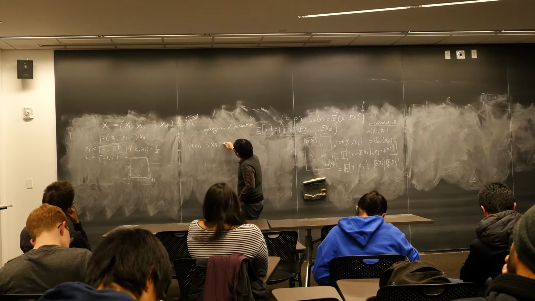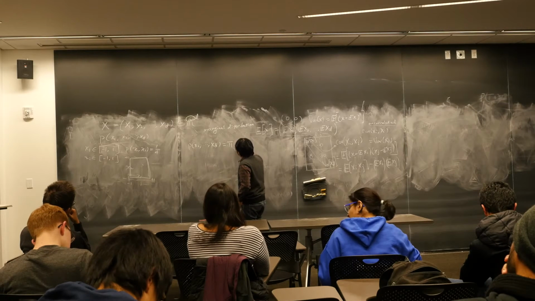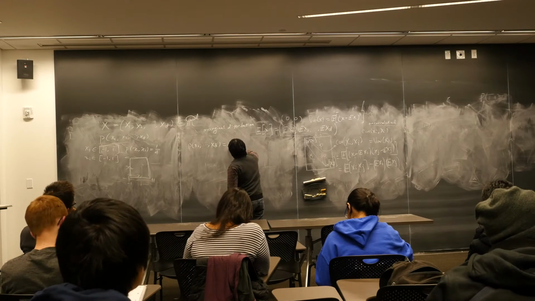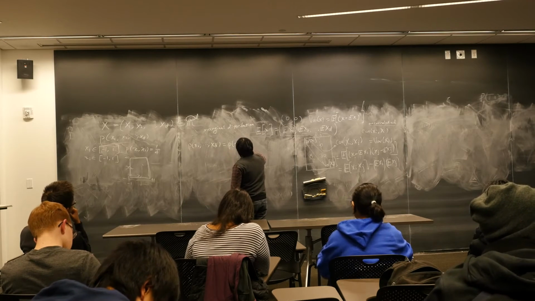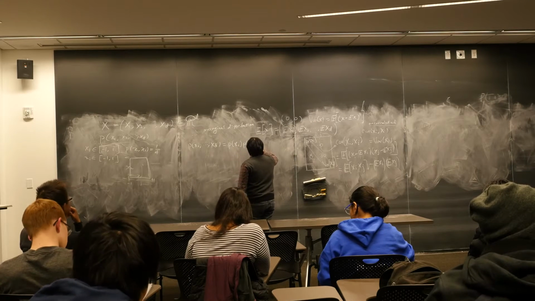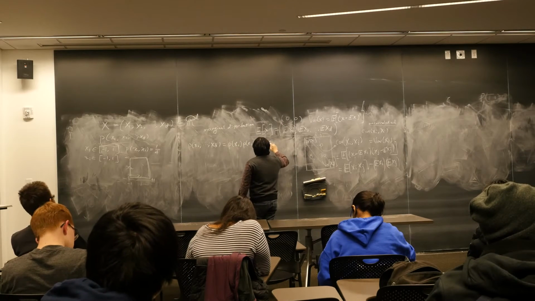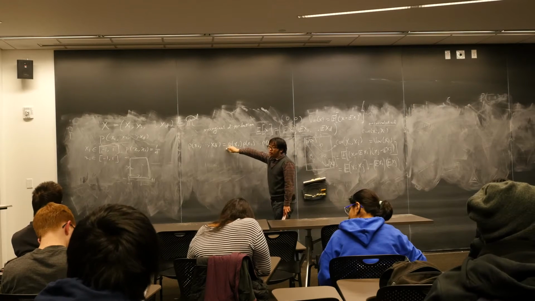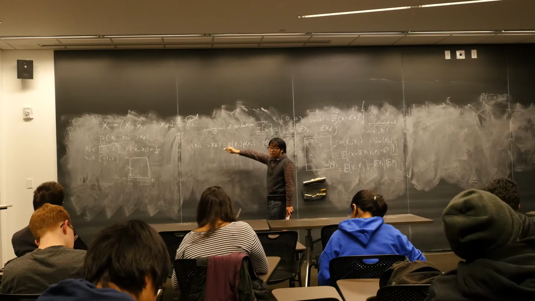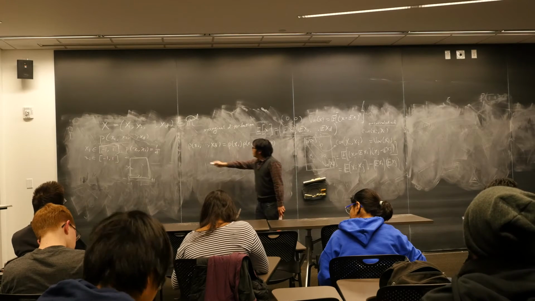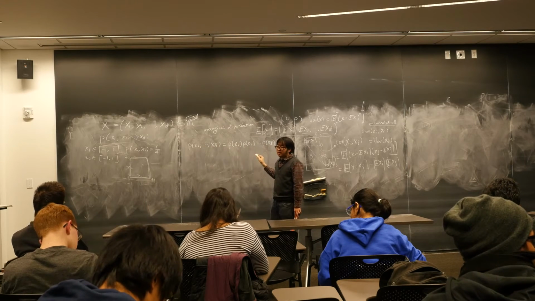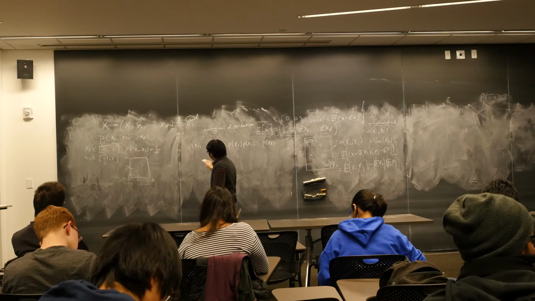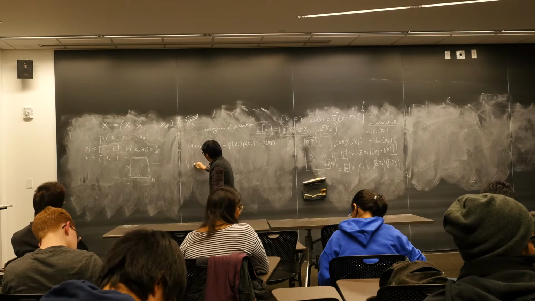If this is factorized, this is called independence. If this holds true for all values of x1 to xd, then we say the d random variables are independent.